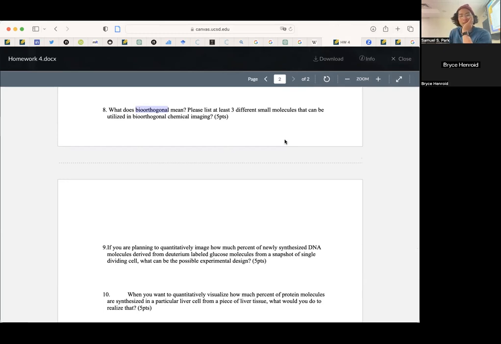Wait, nonlinear what? Bioorthogonal nonlinear vibrational imaging.